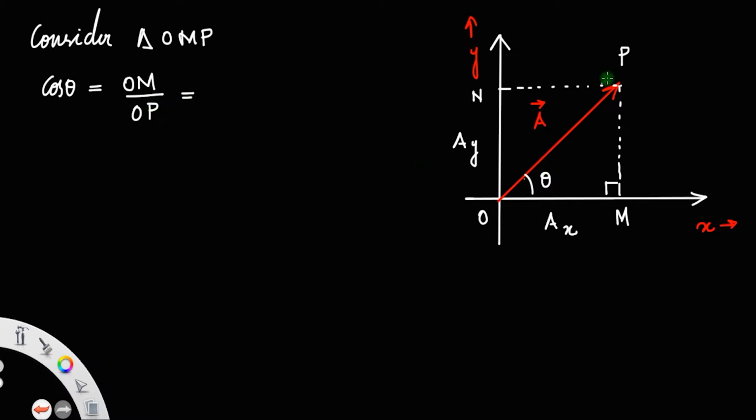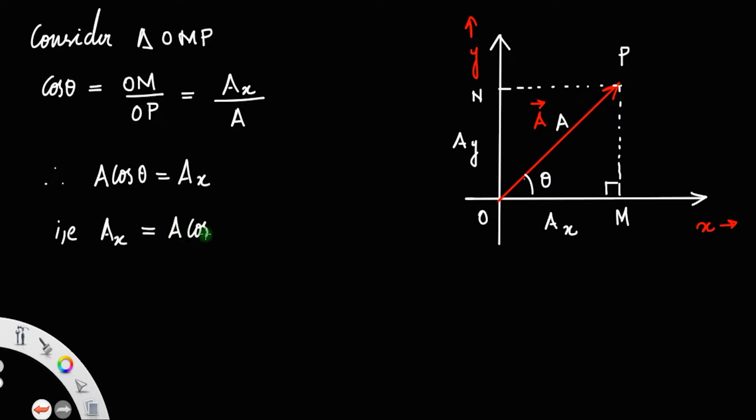Let's assume that this length OP is the magnitude of the vector, and let's represent that length as A. We have cos theta equal to AX divided by A. Therefore, if you take this A to the left, you get A cos theta is equal to AX. That is AX equal to A cos theta.